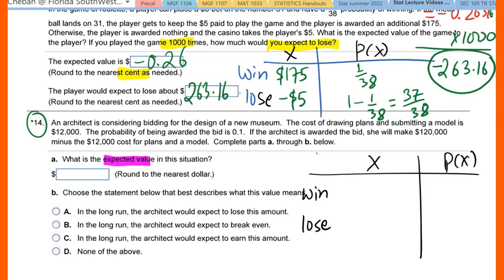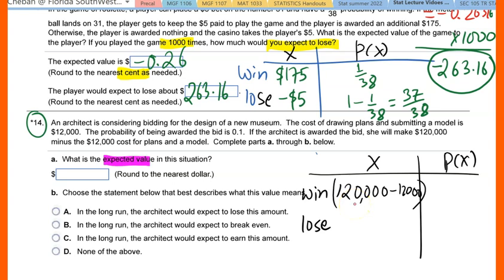If she wins the bid, what is she going to win? 120,000 minus 12,000, which is the cost for the plan and model.